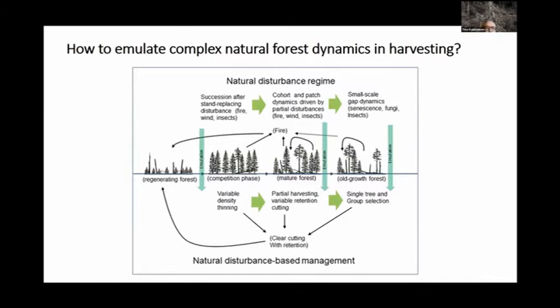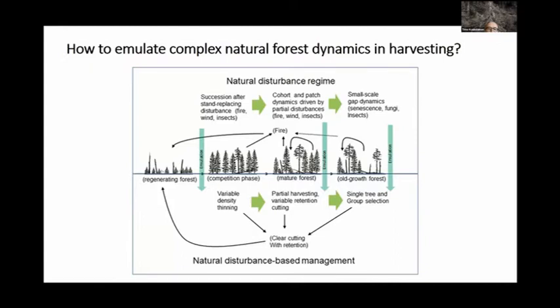So the question is how to emulate the complex natural dynamics of forest ecosystems for sustainability. Then what we have to consider is we have to understand the natural disturbance regime, and then we have to find ways to emulate the natural disturbance regime.